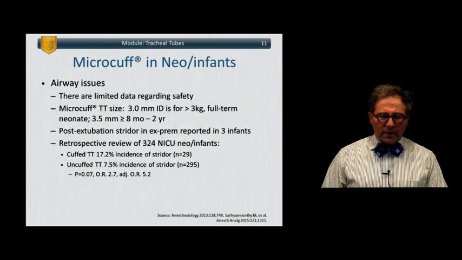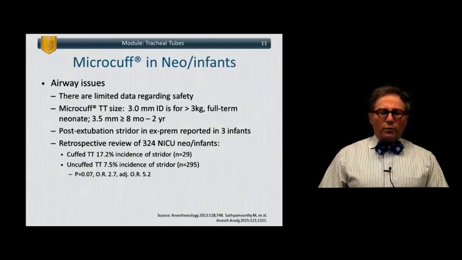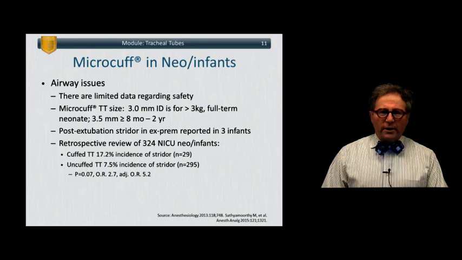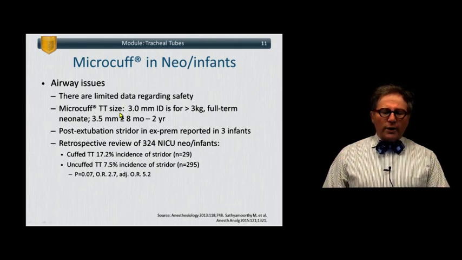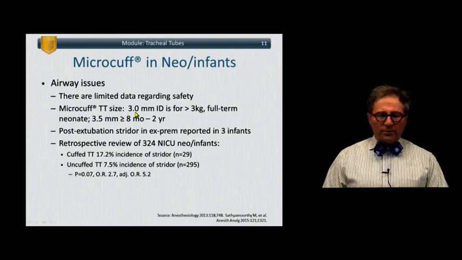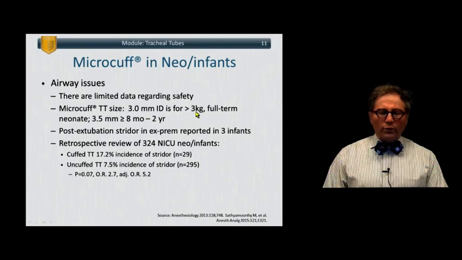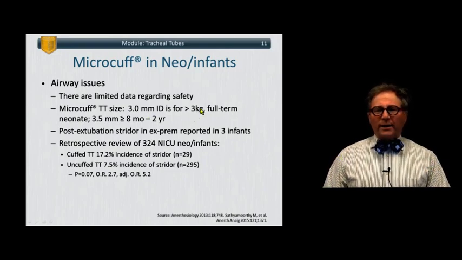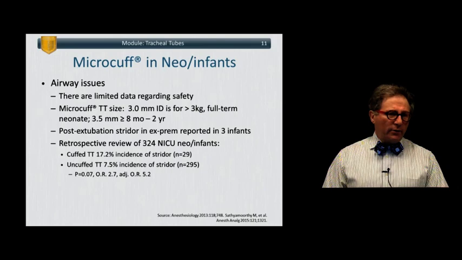and should be adhered to if inserting a microcuff tube. But we do want to issue a small amount of caution in neonates and infants, particularly the limited data that shows the safety of these tubes in young kids, and that the tracheal tube size recommendations on the packaging for these tubes suggest that a 3.0 millimeter ID tube is only effective for more than 3 kilogram full-term neonates, and a 3.5 is for a greater than 8-month-old infant.